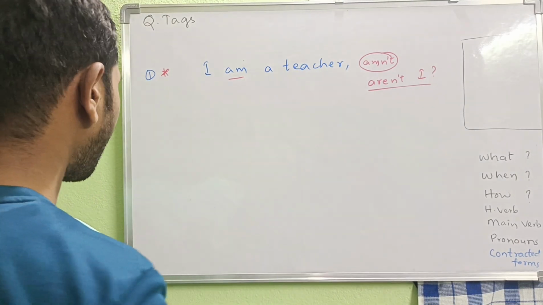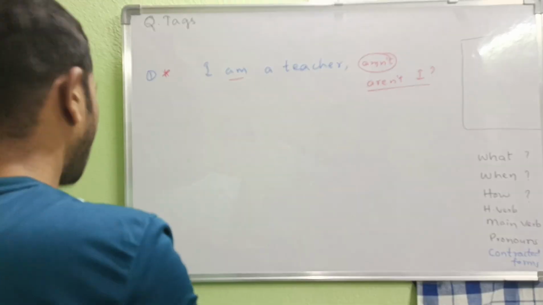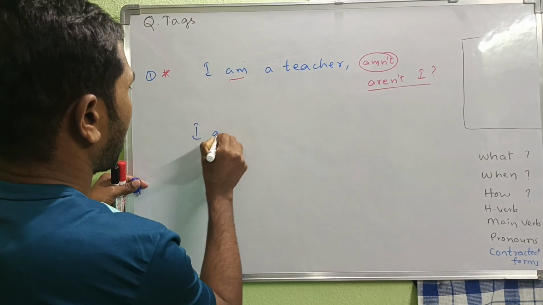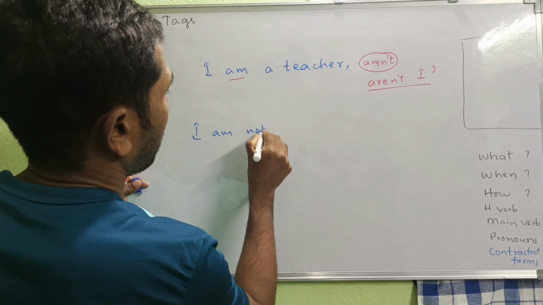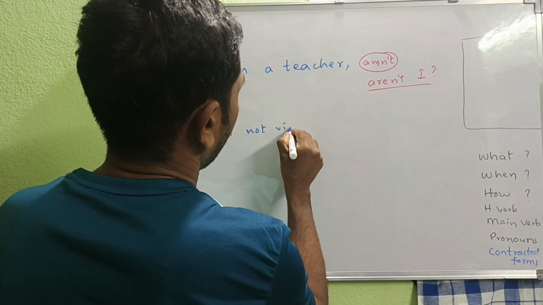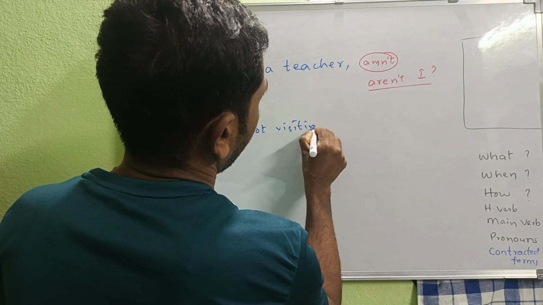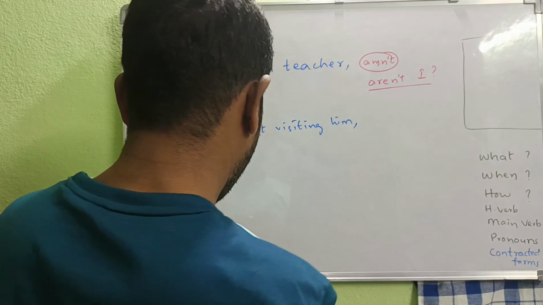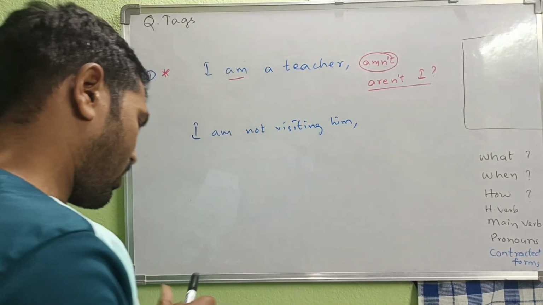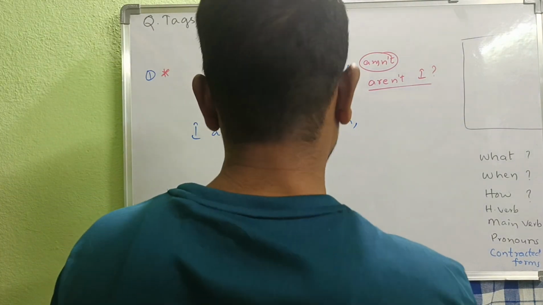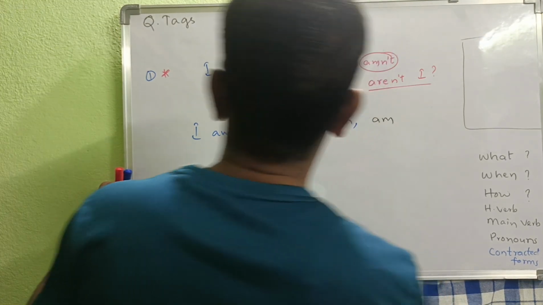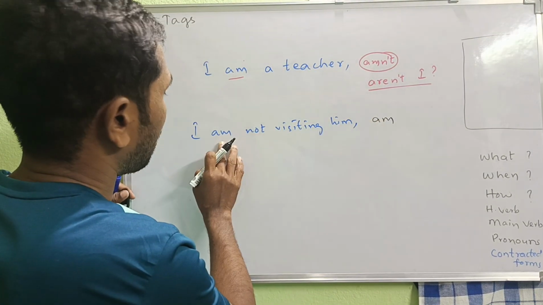Next, in case it is already a negative statement, I am not visiting him. In this case, if I want to add a question tag, then it's simply am I. Step number 1, the helping verb is taken.